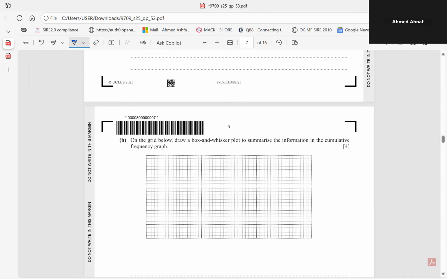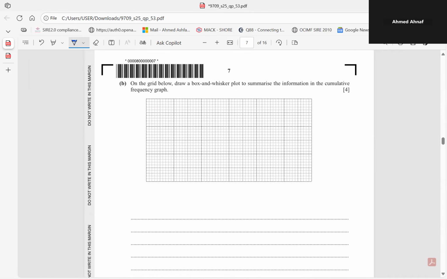Let's head on to the next part. Okay, so for this part, on the grid below, we have to draw a box and whisker plot to summarize the information in the cumulative frequency graph.